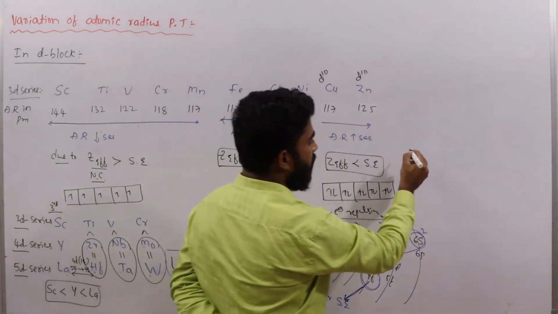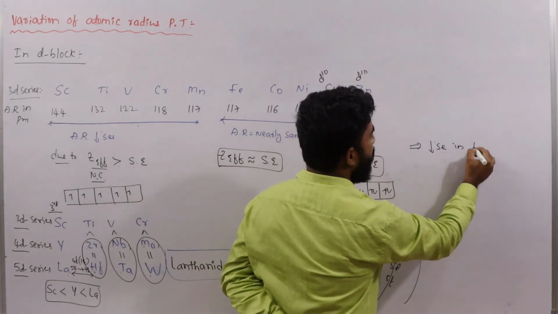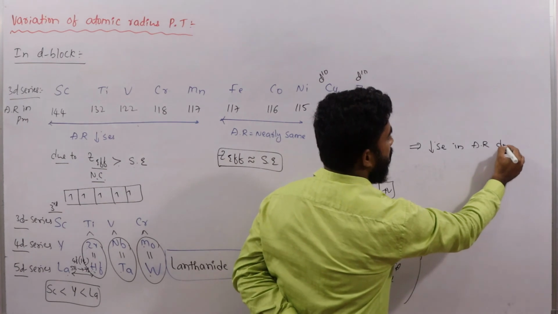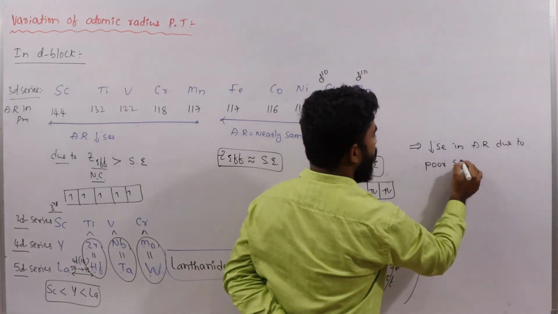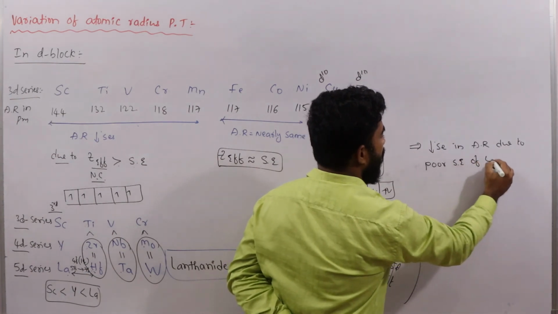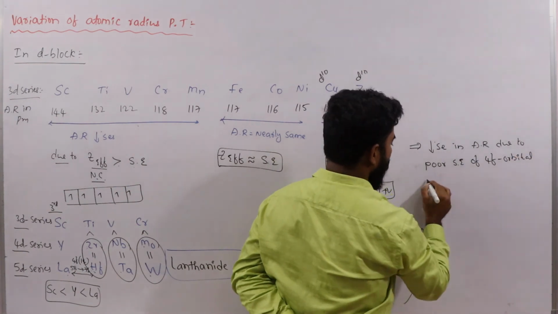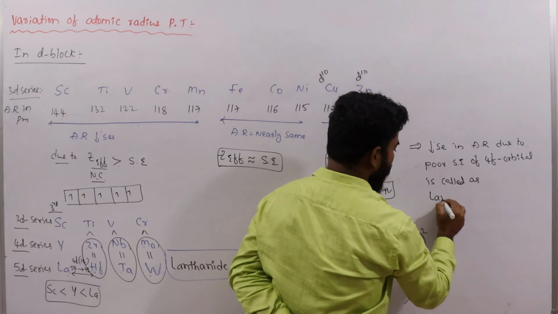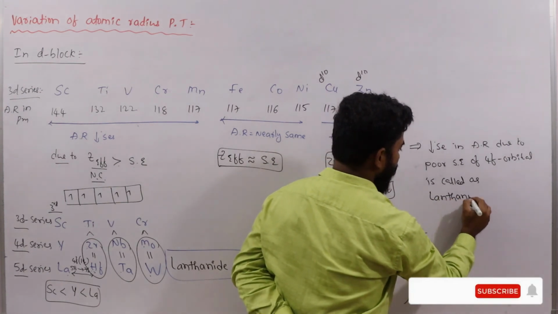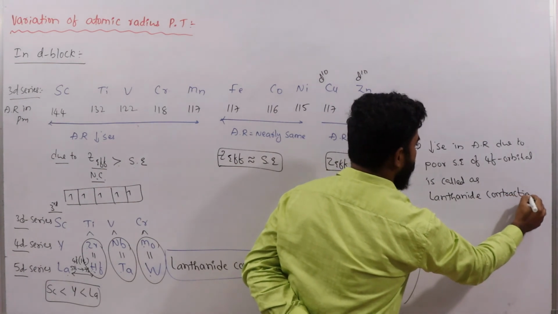So what is the definition of lanthanide contraction? The decrease in atomic radius due to the poor shielding effect of the 4f orbital is called lanthanide contraction.